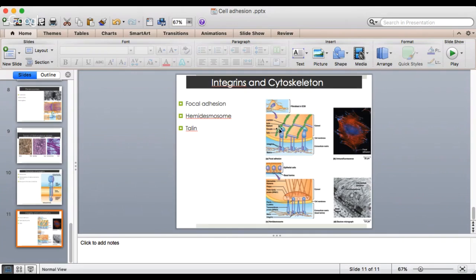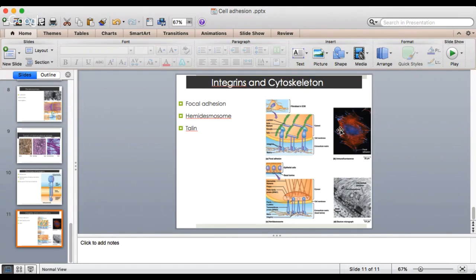Linker proteins such as talin, which can be shown here, can bind to vinculin, which is an actin binding protein, and the alpha-actinin that joins the integrin to the actin cytoskeleton.